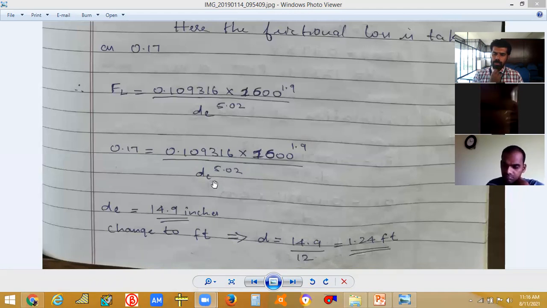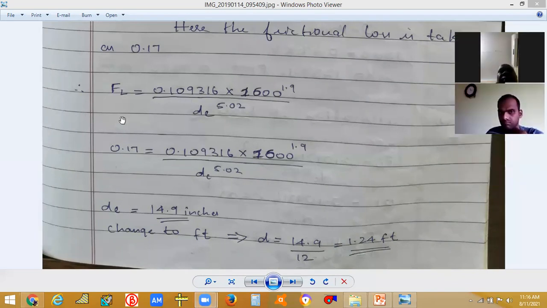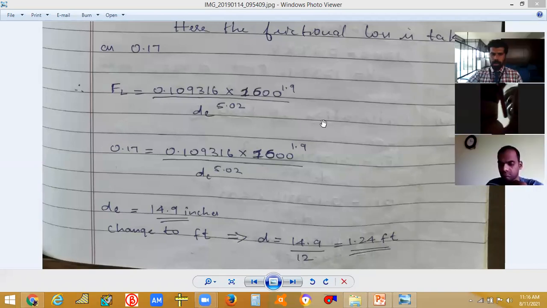All right, 1 by 5.02, what is the answer? Then give its exponent. I want to see whether the rest of them are getting this answer or not. 14.9 inches. You will get this answer.